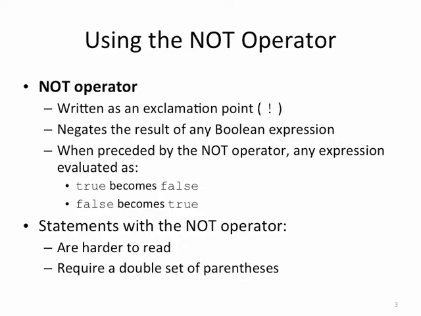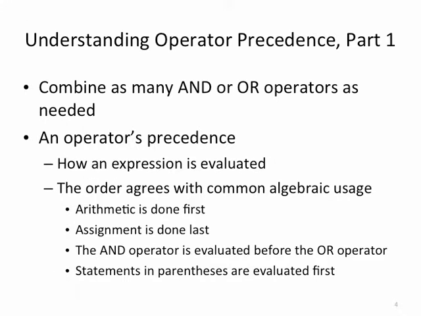There is an order of operations in which logic operators are evaluated, and it is not, and, or. Not comes first, then the and operator, and then the or. So you can combine as many and or or operators as needed, and not, and, or is the order of operations for your logic operators.